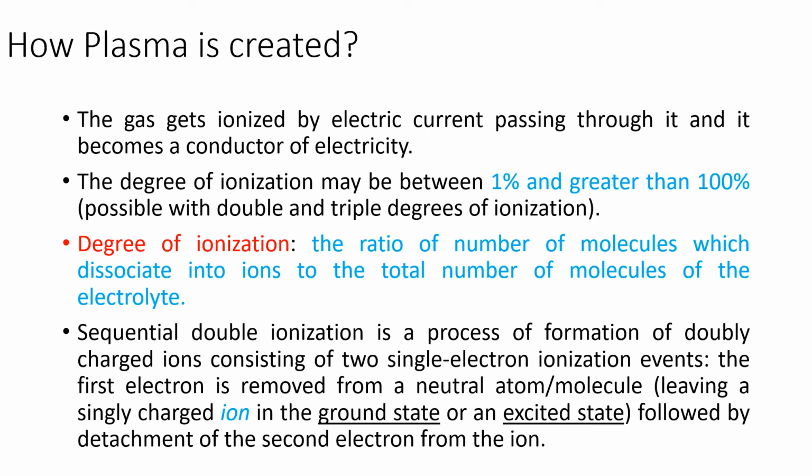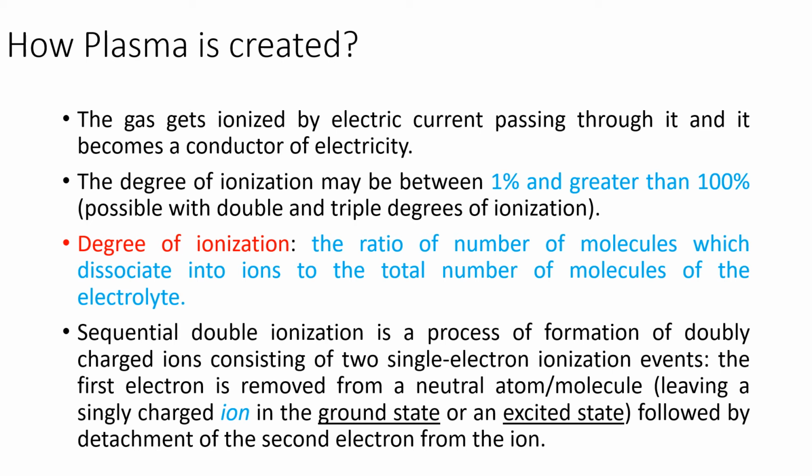So it is stating what double ionization and triple ionization are. When energy is given to the gas atoms, and the first electron is ripped off from the orbit, the atom becomes positively charged, with free electrons, a mixture of positively charged ions and free electrons. That is the first degree of ionization.